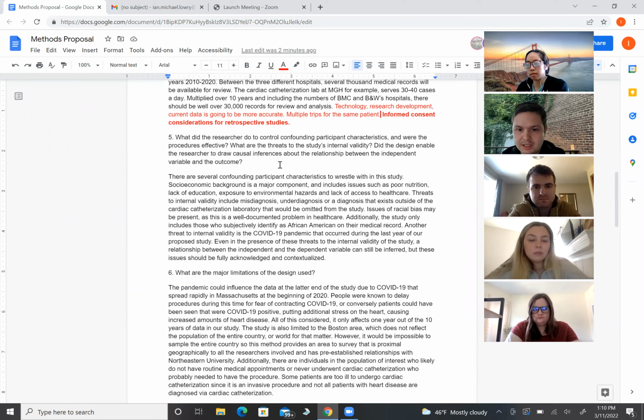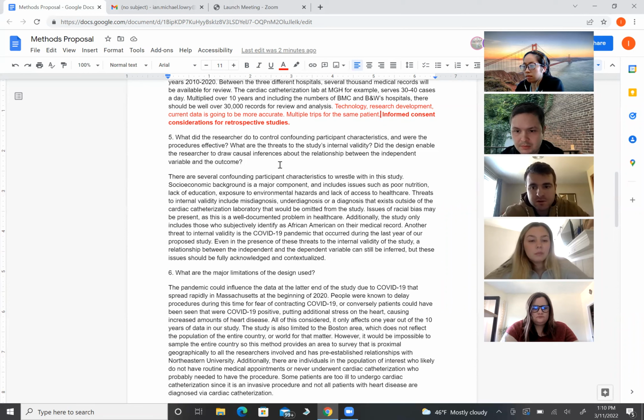Threats to internal validity include misdiagnosis, underdiagnosis, or a diagnosis that exists outside of the cath lab. That's definitely something I want to talk about more. They would be omitted from the study. Issues of racial bias are alive and well in healthcare.